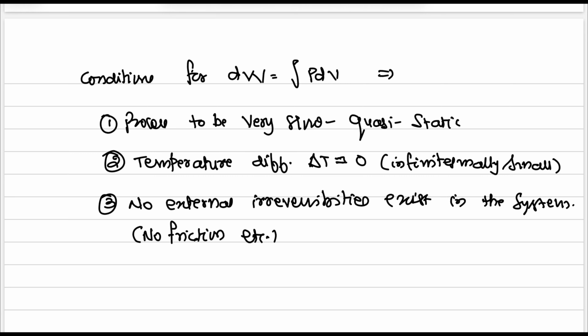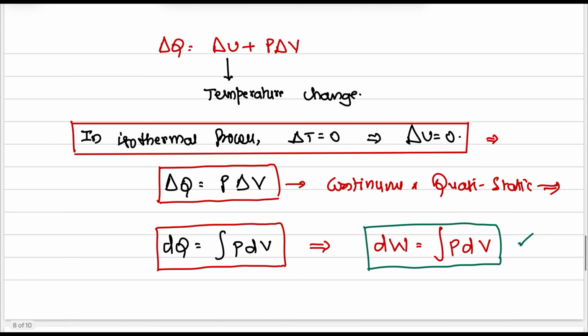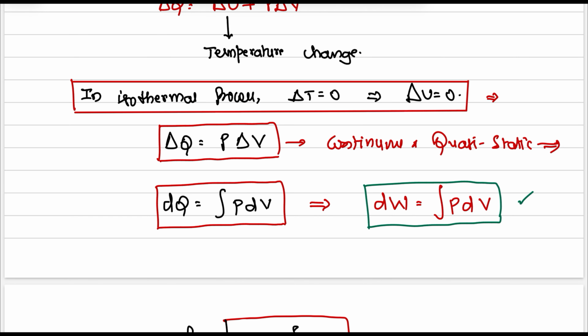Then we have derived this equation, integral P dV. No, this is W is equal to integral P dV, sorry. It is not dW, W, total. W is equal to integral P dV. If you don't put integral, dW is equal to P dV.